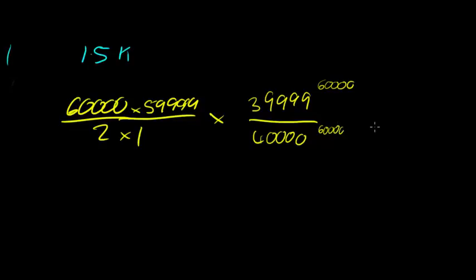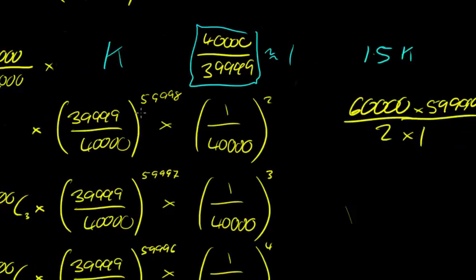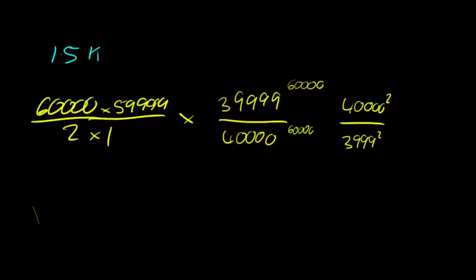So if I divide this side by 39,999 squared and times this side by 40,000 squared, then that bit will cancel with those, and together I will get, all in all, my value here, which is 59,998. So let's just tidy this up a little bit, and let's get rid of the squareds there.